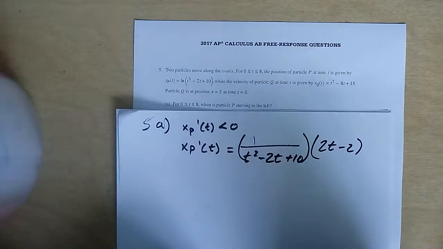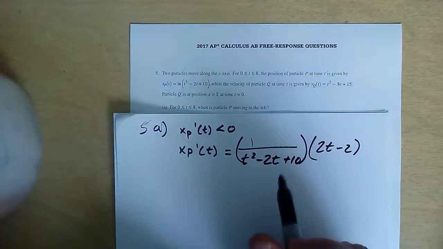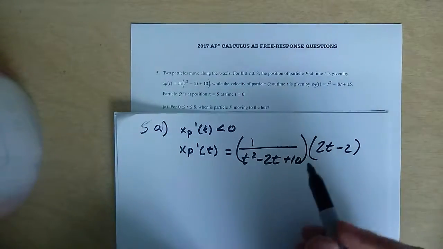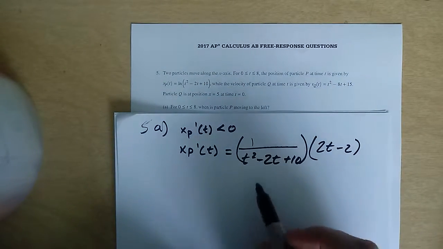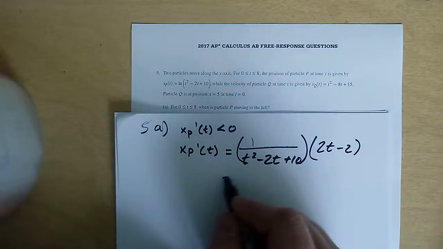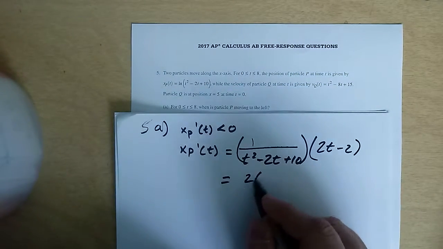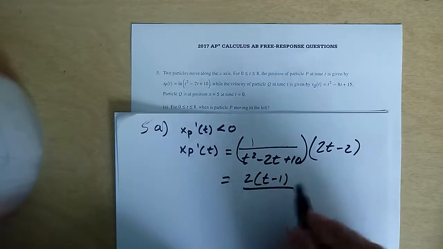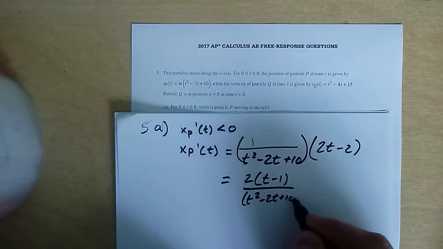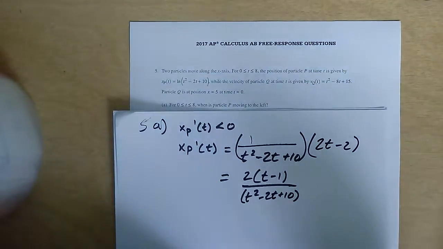All right. So we're looking for when it is less than 0. To handle that, first I'm going to clean this up. I'm going to take the 2 out and have t minus 1 on top, and then write the denominator on the bottom. So there's my derivative.